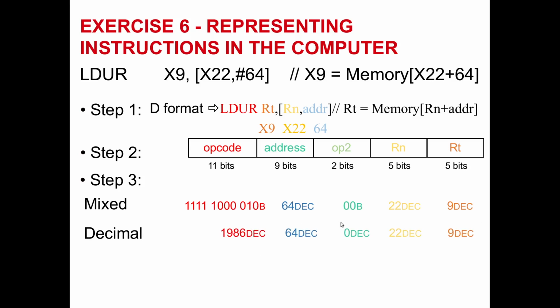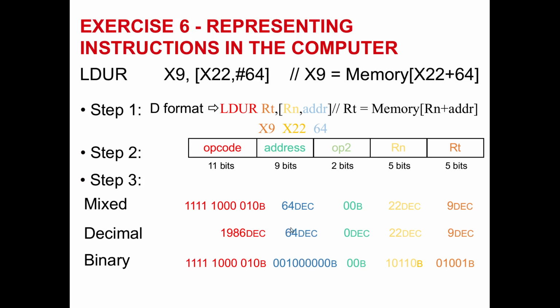We need to convert all this into decimal, so we use the calculator to convert this binary value into decimal, and we have this 1986 in decimal, 64 are the same, 0 will be 0 in decimal, and 22, 9 are the same. If we need the binary value, we just convert this 64, 22, and 9 from decimal to binary.